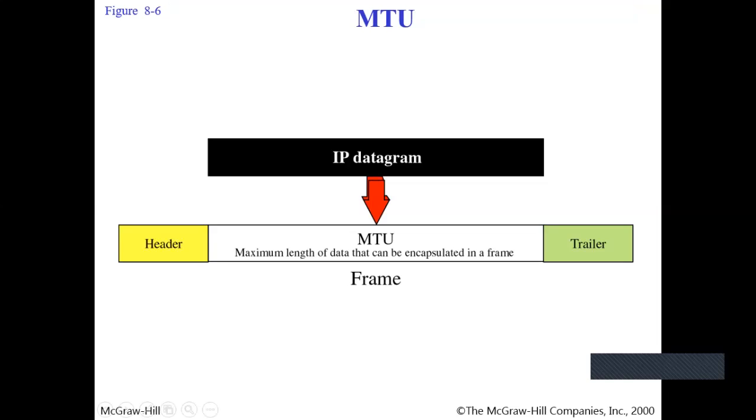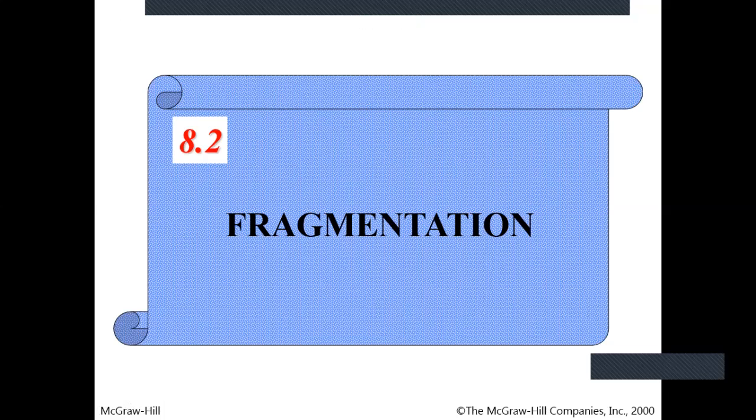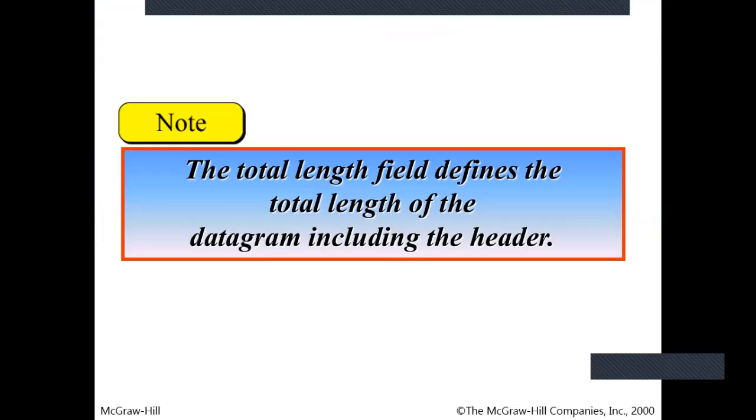MTU is the maximum length of data that can be encapsulated in a frame, which is 1500 bytes in the case of Ethernet. If the IP datagram is greater than this MTU, fragmentation is compulsory.